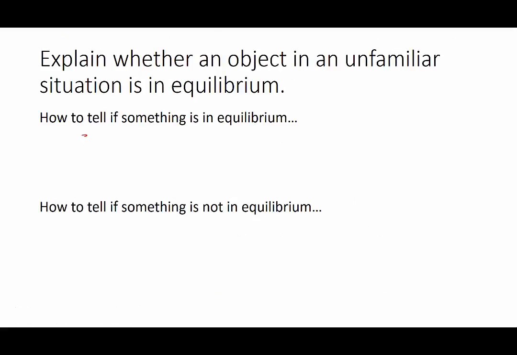So this is what we mean if something is in equilibrium. If something is in equilibrium, it's either not moving or it's moving at a constant speed.